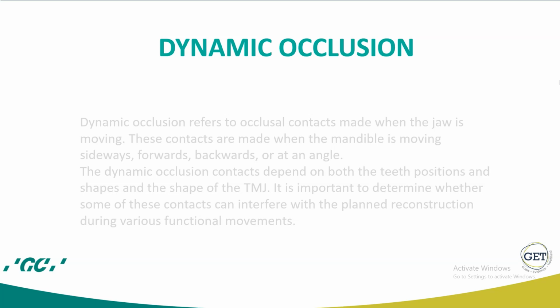The dynamic occlusion contacts depend on both the teeth position and shapes, and the shape of the TMJ. It is important to determine whether some of these contacts can interfere with the planned reconstruction during various functional movements.